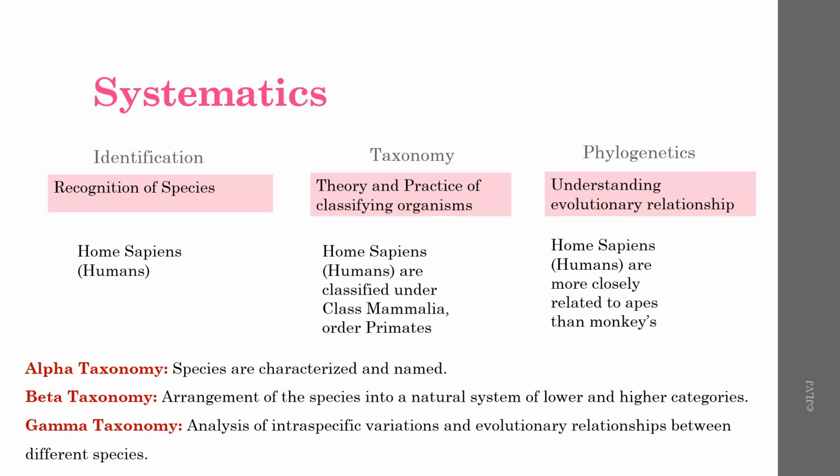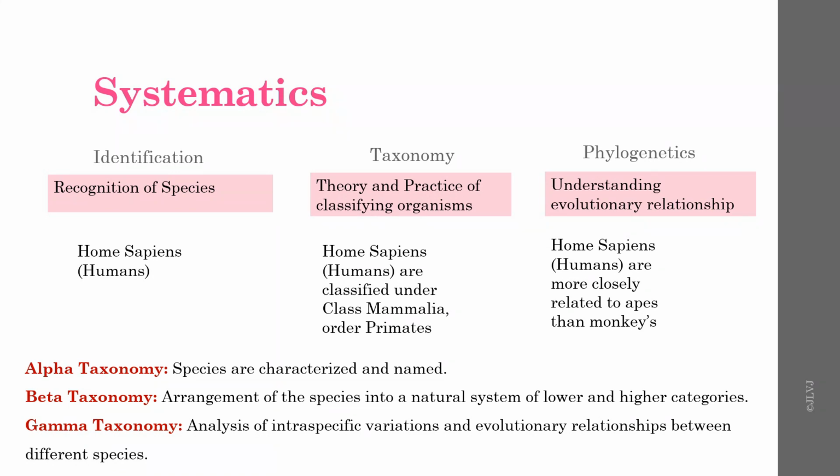the basics of taxonomy, while beta taxonomy is one step ahead. We have to classify: since I found one organism, for example a butterfly, the next step is to classify whether it is a chordate or non-chordate, or into other higher categories.